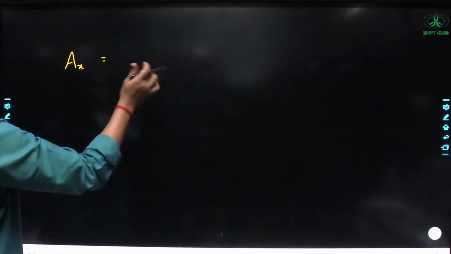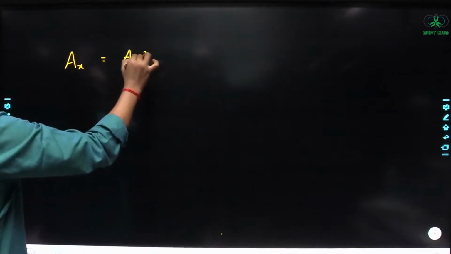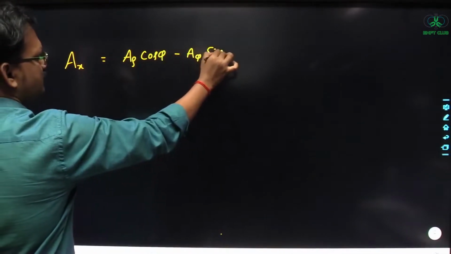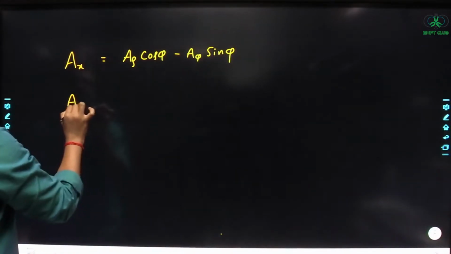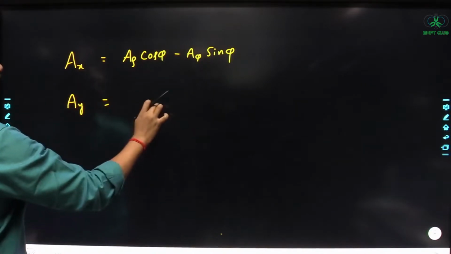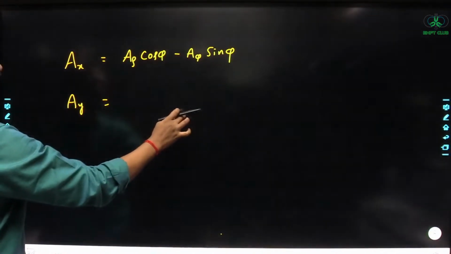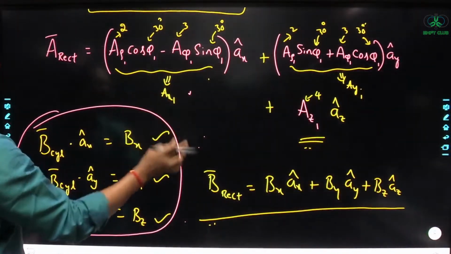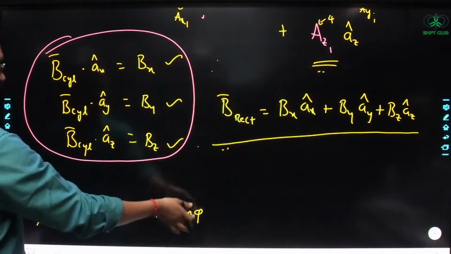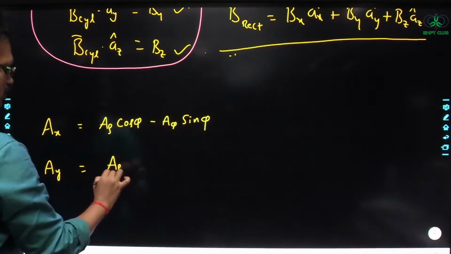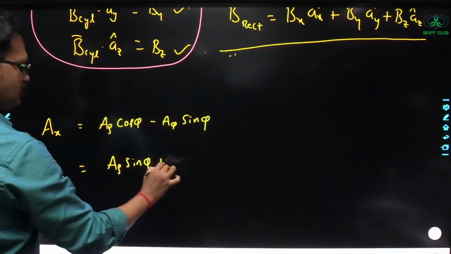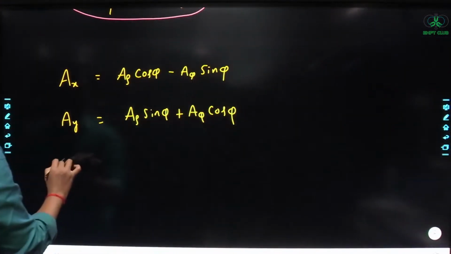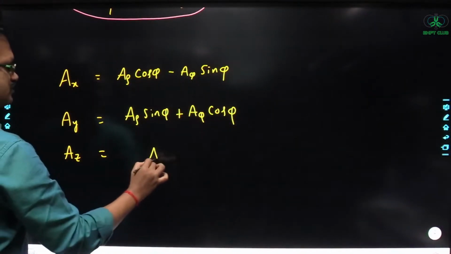Next, Ay is equal to A rho sin phi plus A phi cos phi. So this is Ay we got, and Az is the same as Az.